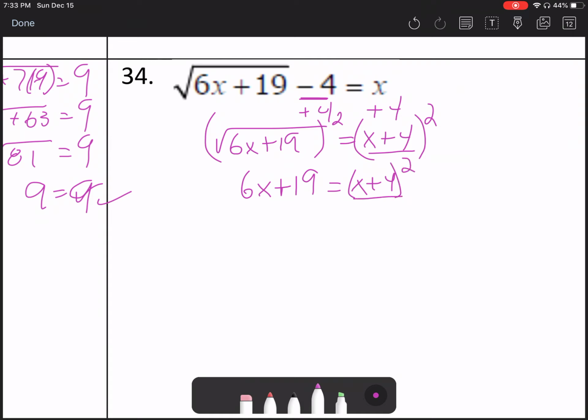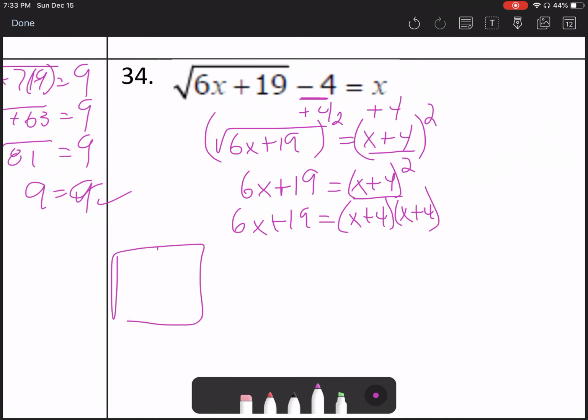Now you have to be really careful with x plus 4 squared, because remember that x plus 4 squared is x plus 4 times x plus 4. Okay, so I'm just going to do a little box to do that multiplication. So it's going to be x and 4, x and 4. So this is x squared, 4x, 4x, and 16.